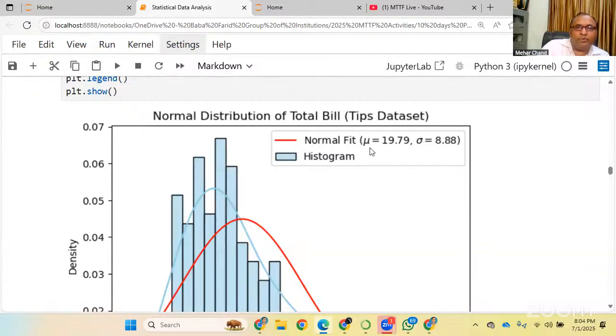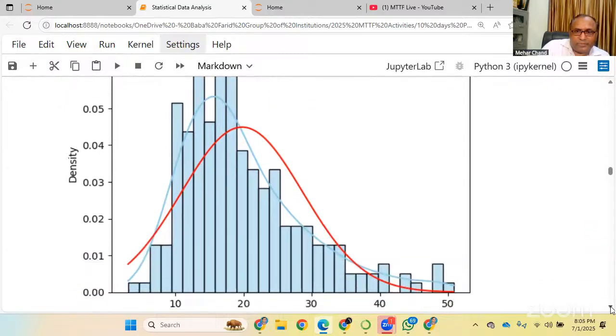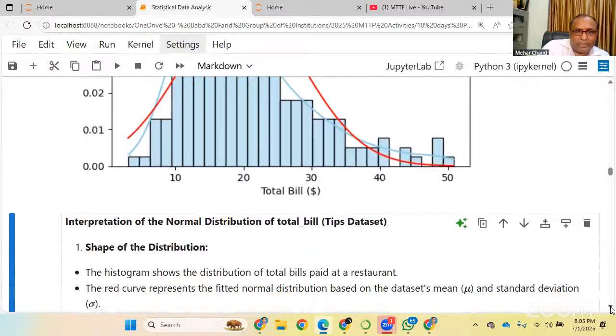The value of mu we have is 19.79, sigma is 8.88. Okay, so here I put some description about the interpretation of the above result.